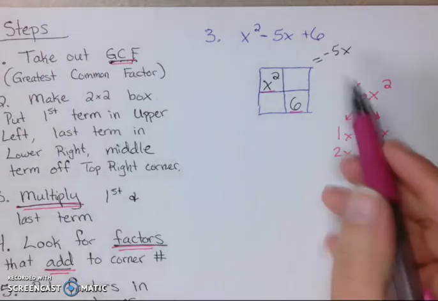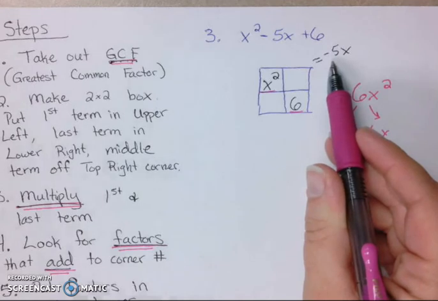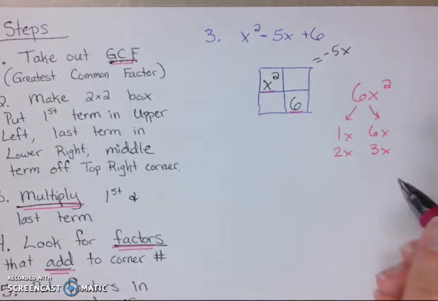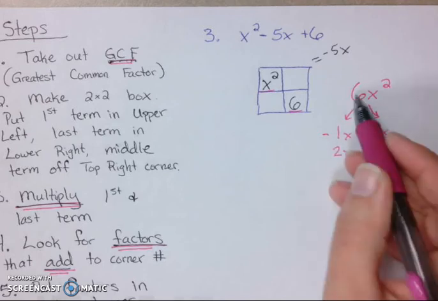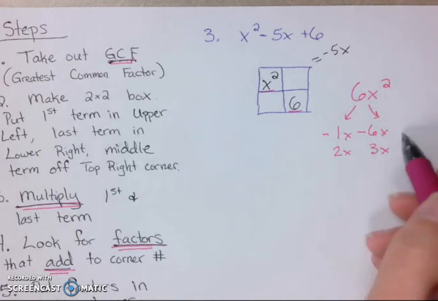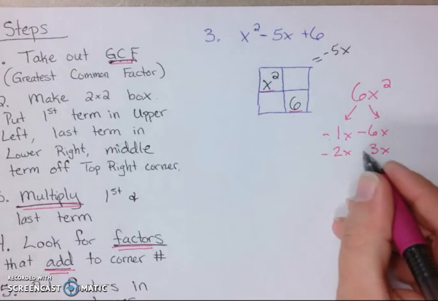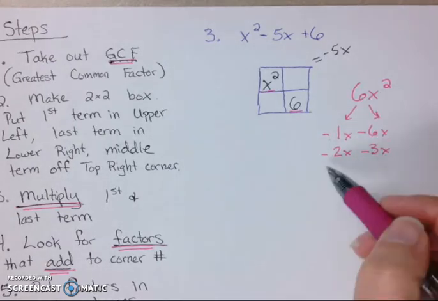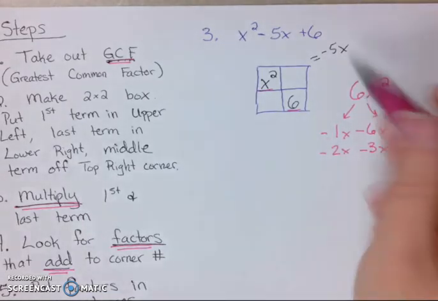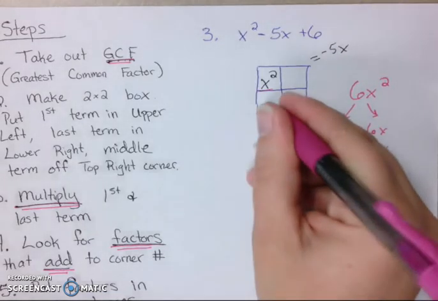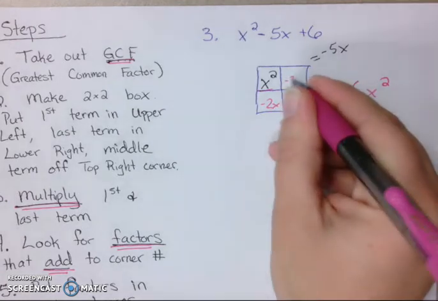Which ones add to negative 5? Uh-oh, none of them add to negative 5. Well, that means these both have to be negative, right? And negative times a negative is a positive, but you add those to get negative 7. So a negative times a negative is a positive, but add these and you get negative 5. So if this is positive and this is negative, that means both the factors have to be negative.